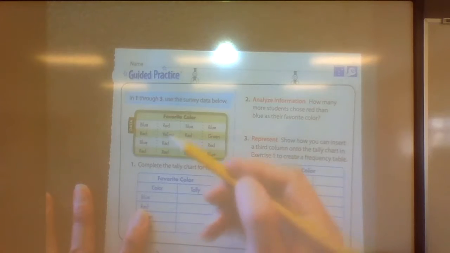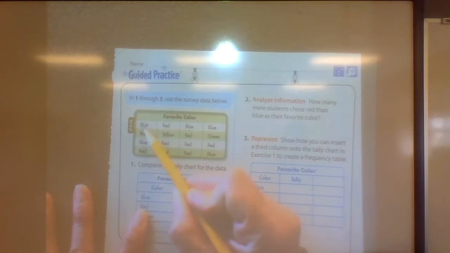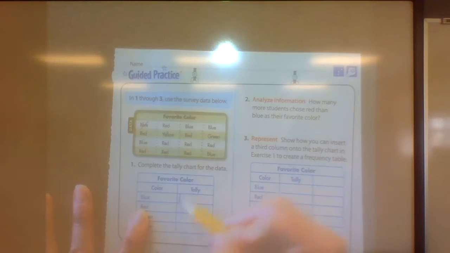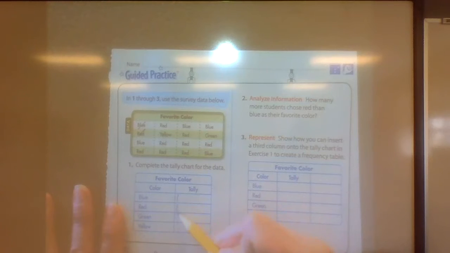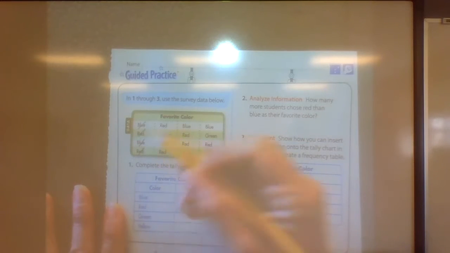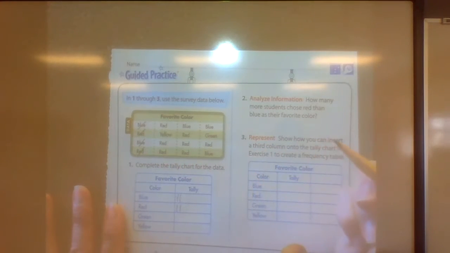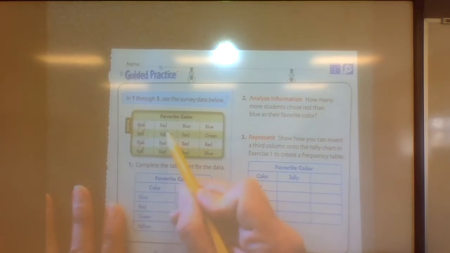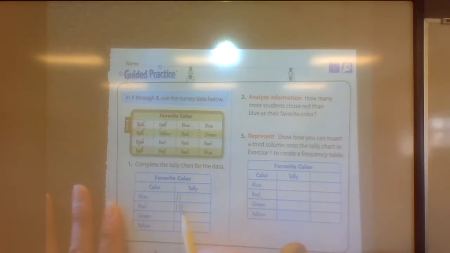I'm going to pick to go in order, and cross it off as I go. So I have a blue, so I'm going to put a tally mark for blue. I have a red, I'm going to put a tally mark for red. I have another blue, I'm going to put a tally mark. I have another red, I'm going to put a tally mark. Another red, another tally mark under red.